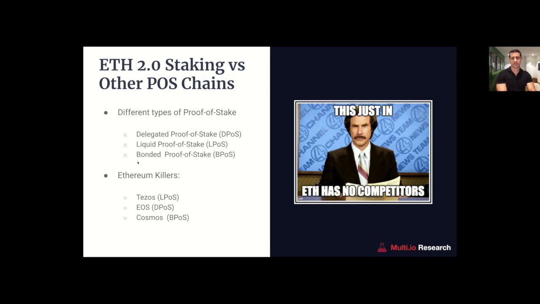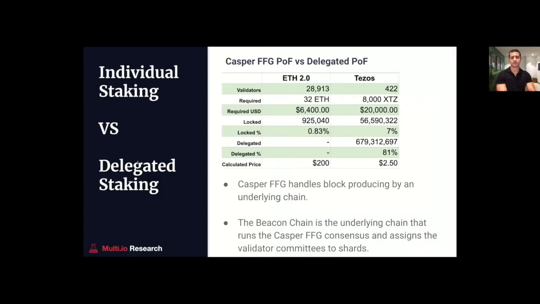Now we will look at Ethereum's staking model and how it compares to the most popular staking blockchain, which right now we believe is Tezos. Ethereum uses Casper FFG, which stands for Casper the Friendly Finality Gadget.